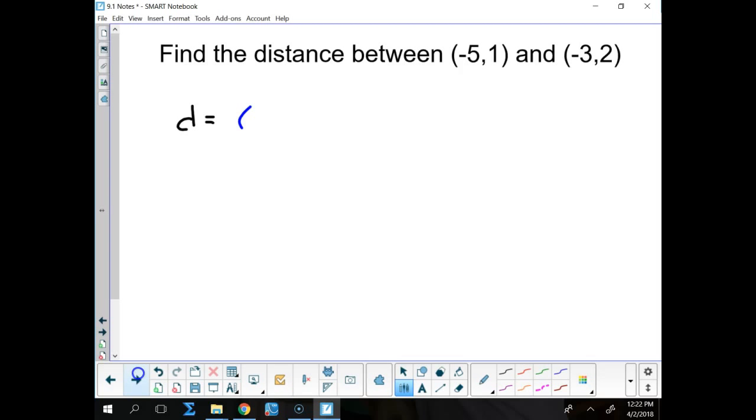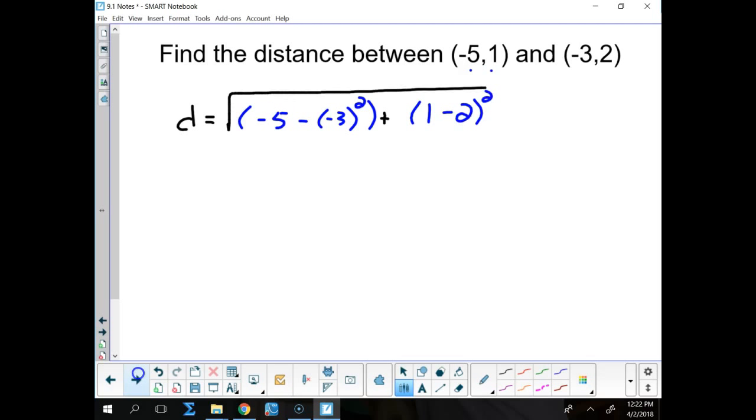So if I'm starting here with -5 minus -3, then I had better, on this next one, start with +1. -5 minus -3.